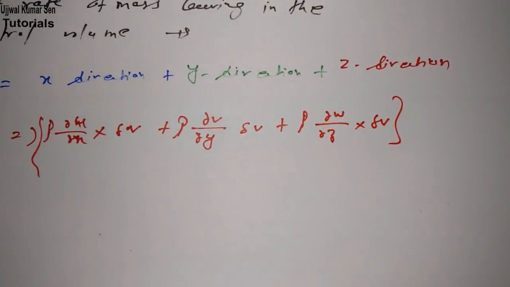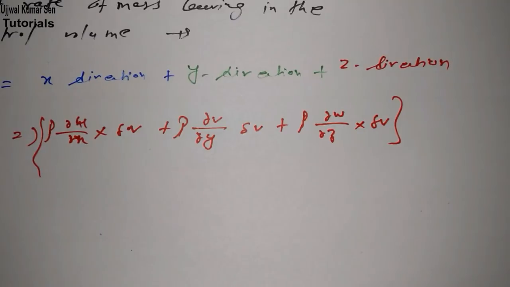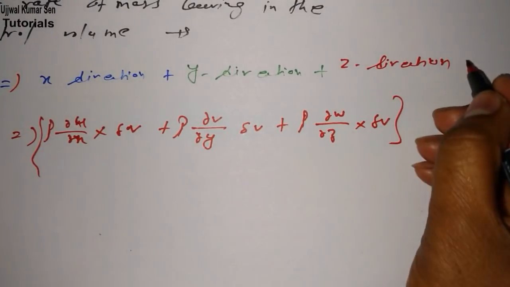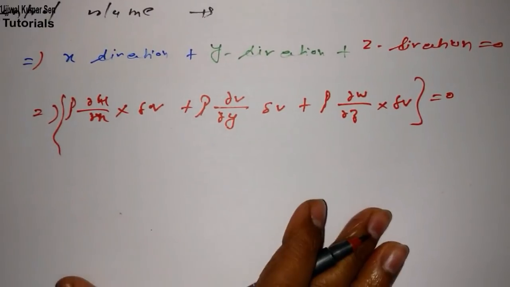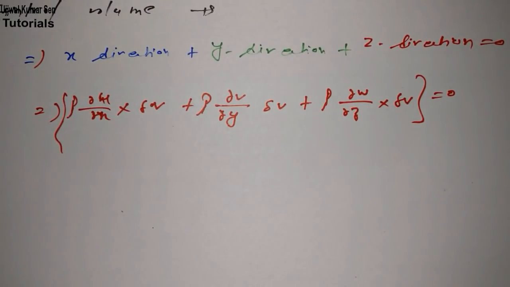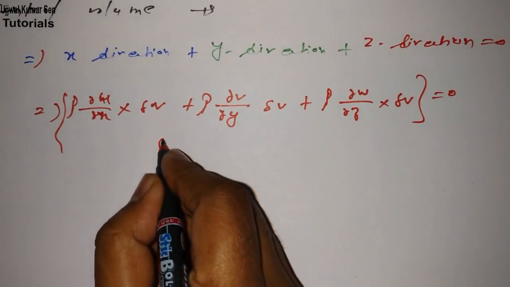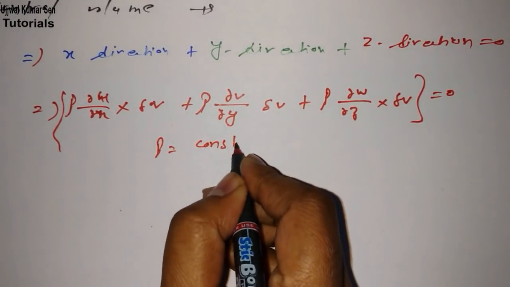What exactly we are doing here is that the net mass rate across a constant control volume should be 0. This should equal 0, so we write this. Now in the case of an incompressible fluid, rho is constant.